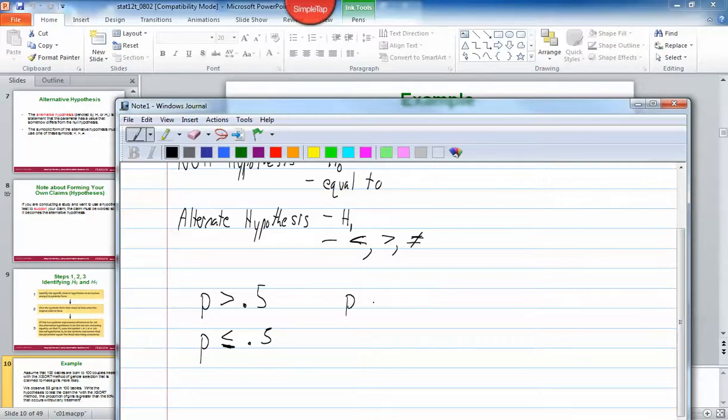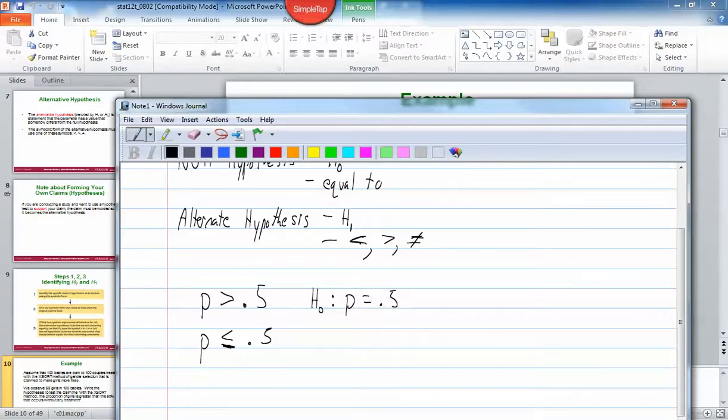So you have P equals 0.5. That's going to be your null hypothesis. The way that you denote that it is the null hypothesis is you put H sub O and then a colon. So H sub O: P is equal to 0.5.